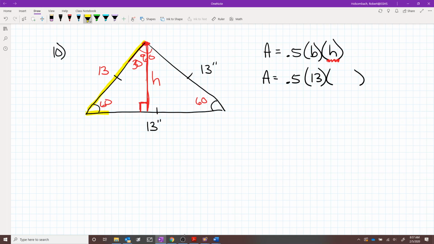We've broken it down to this yellow triangle, which is a 30, 60, 90 right triangle with a hypotenuse of 13. Short leg is half of the hypotenuse. So this short leg is 6.5. The long leg in a 30, 60, 90 is equal to the short leg times the square root of 3. So your h is equal to 6.5 times the square root of 3.